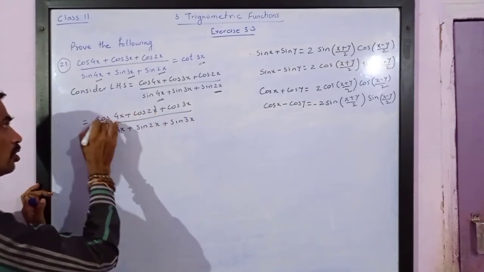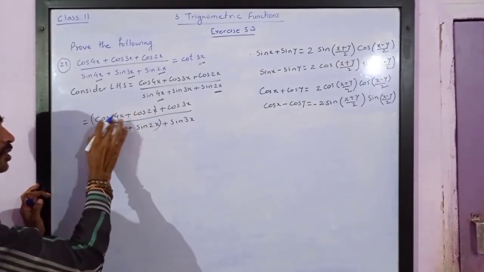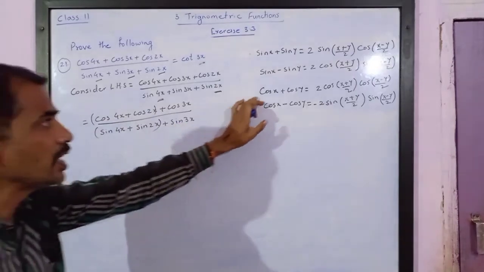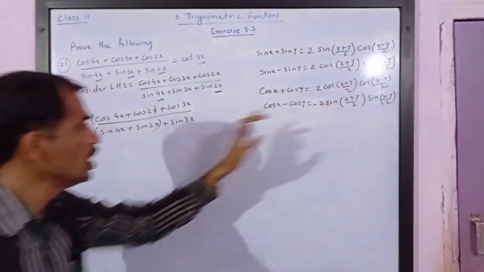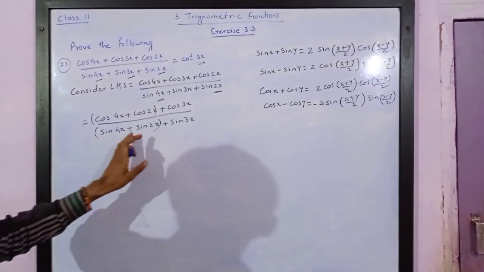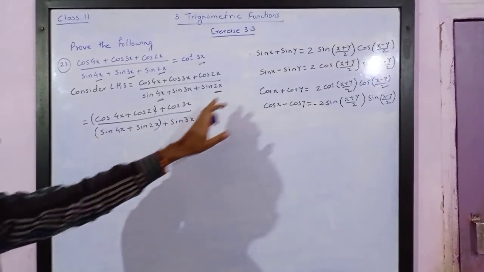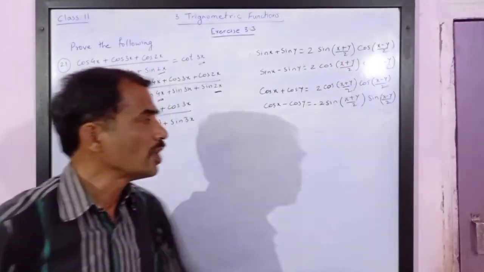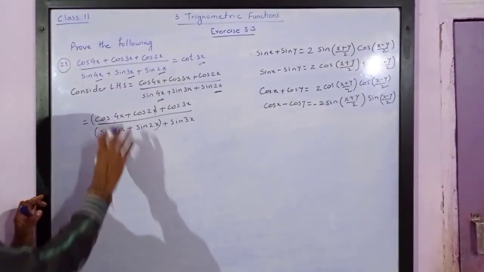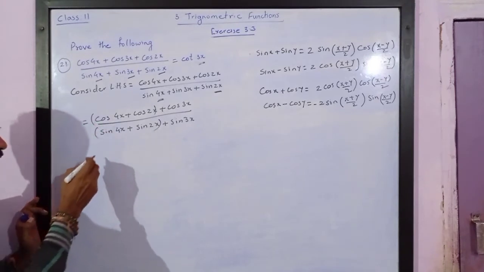So I am going to solve the first two terms by using the identity cos x plus cos y is equal to 2 cos of x plus y upon 2 into cos of x minus y upon 2, and at the denominator sin x plus sin y is equal to 2 sin of x plus y upon 2 into cos of x minus y upon 2. By using those identities we are going to solve the problem. Let us see what we get.